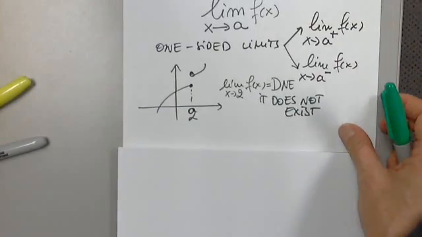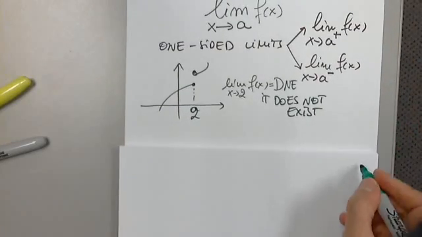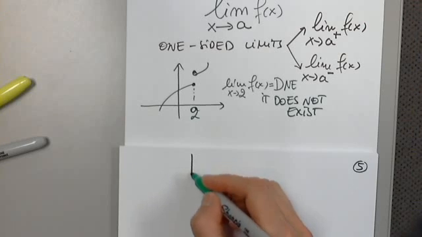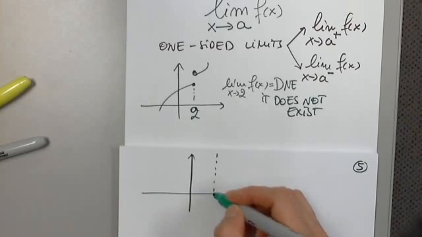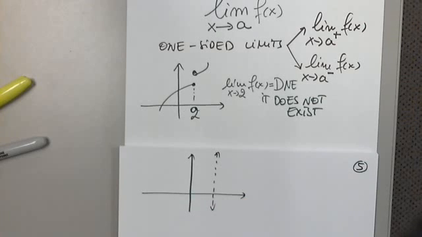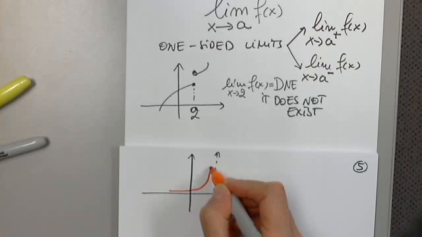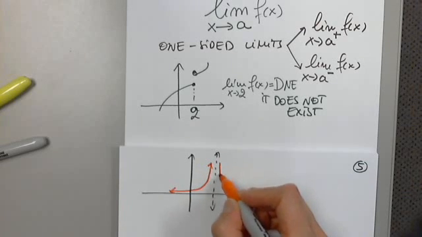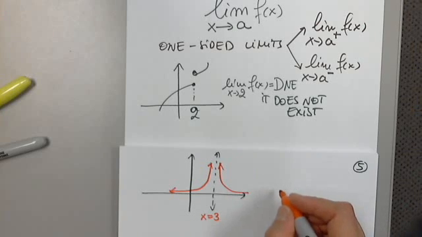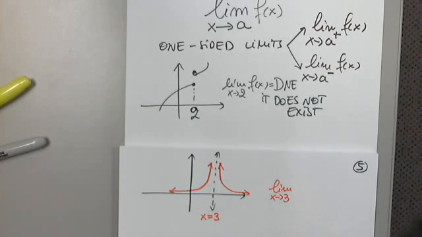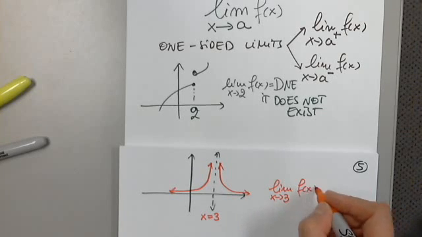Two more examples before we look in the book. Let's say I have a situation like this. Here's my function. Let's say this is x equals 3. And I'm asking you the limit as x approaches 3 from either side of f of x.